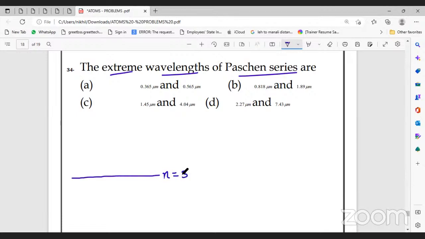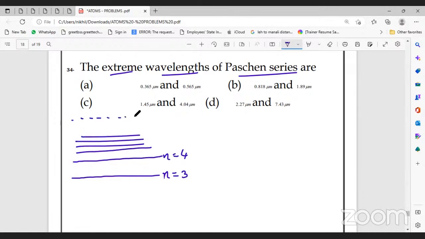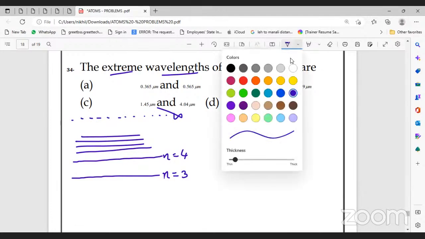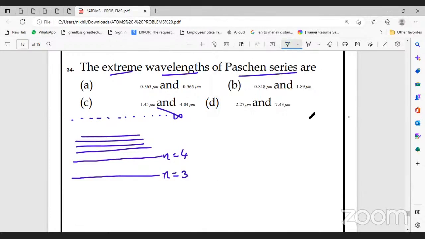The next orbit is 4, then 5, 6, 7, 8, like that up to infinity.